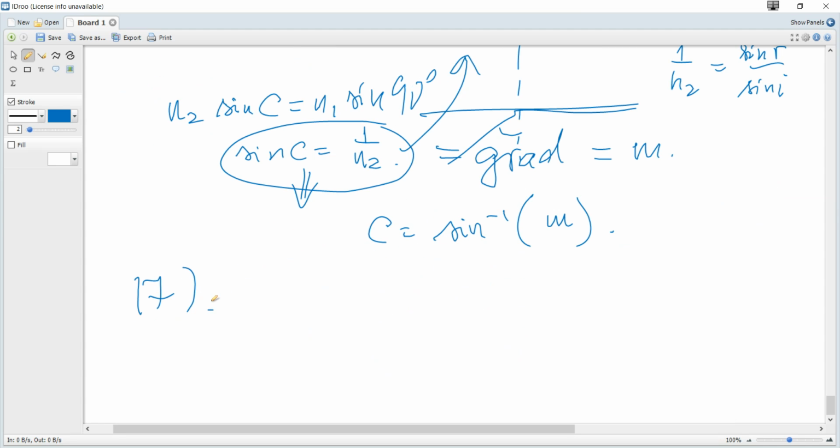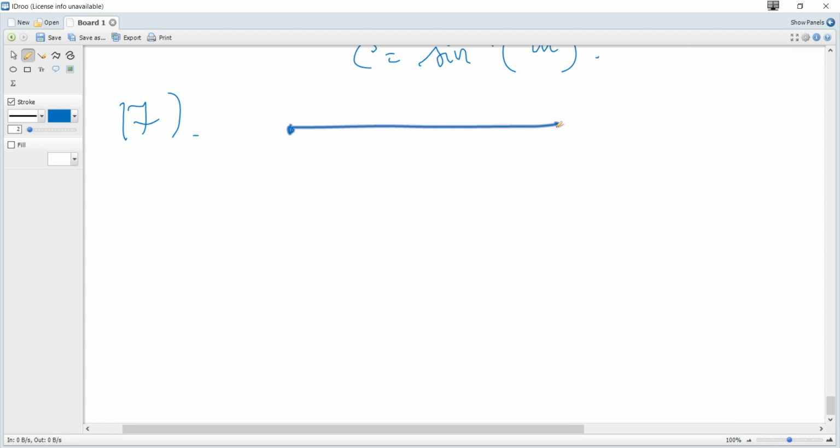17. A standing wave with the first harmonic of frequency f1 is formed on a string fixed at both ends. So it's fixed, and first harmonic f1. The frequency of the third harmonic is f3. And what is f1 over f3?